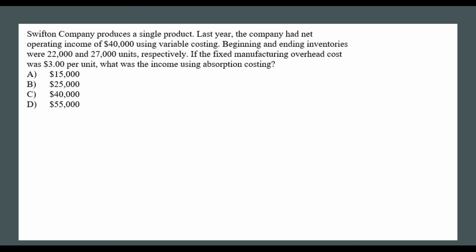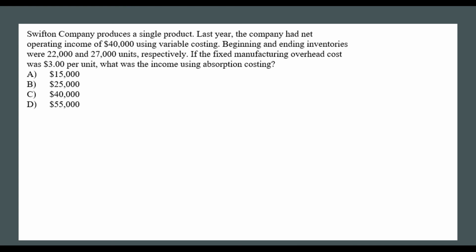Why? Because the manufacturing overhead cost in that scenario is outrightly expensed in the income statement. That is why we have a lower income under variable costing.